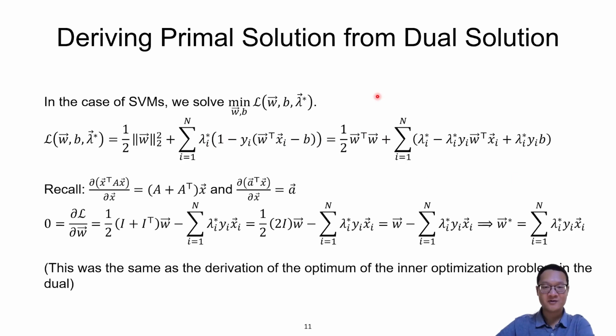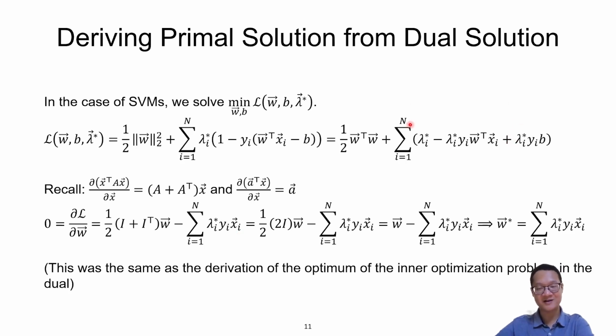In order to minimize this, we're going to take the gradient with respect to W and B and set it to 0. For the gradient with respect to W, first we work with the quadratic form here, which is going to be 1/2 (I plus I transpose) W, and then minus, for the second part, the only term that depends on W is the middle term, minus lambda i star, yi, W transpose xi. This is a term linear in W, so the gradient would just be everything other than W here. So that's going to be lambda i star, yi, xi.